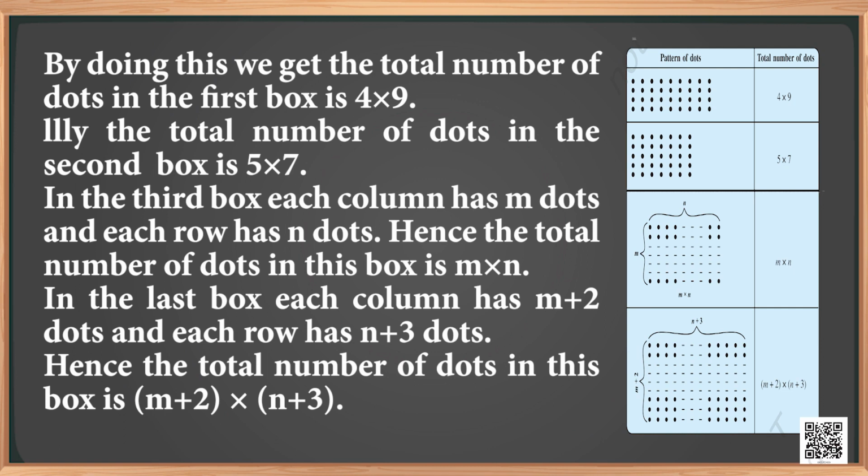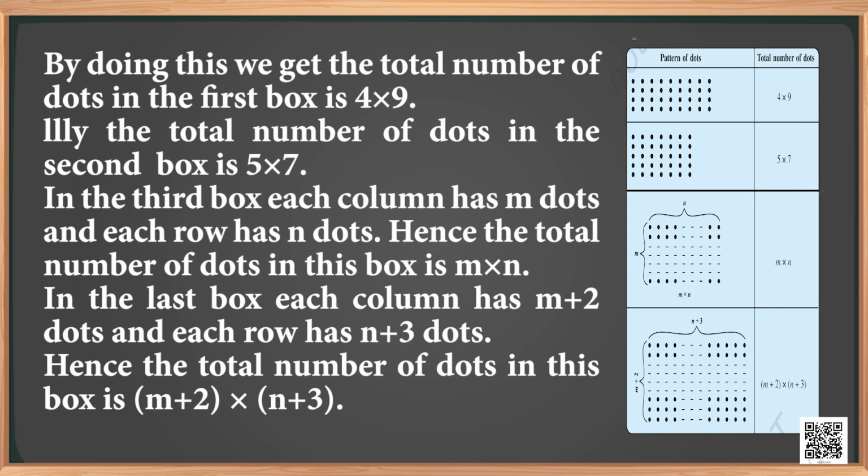In the third box, each column has m dots and each row has n dots. Hence, the total number of dots in this box is m into n. In the last box, each column has m plus 2 dots and each row has n plus 3 dots.